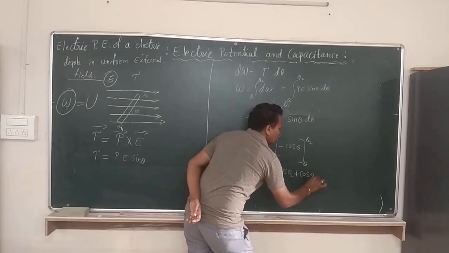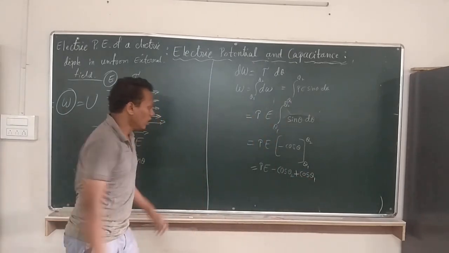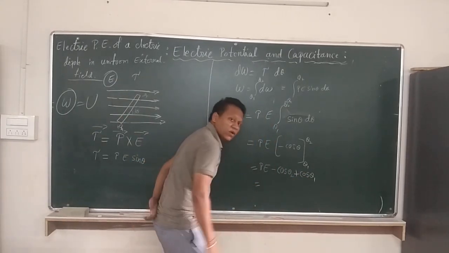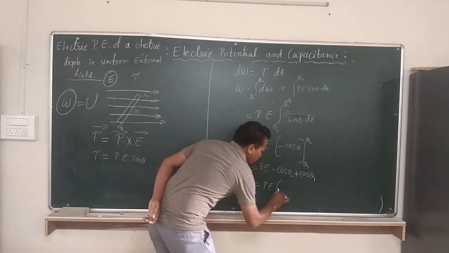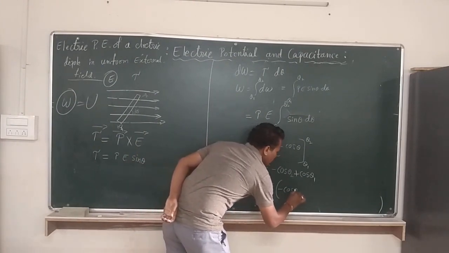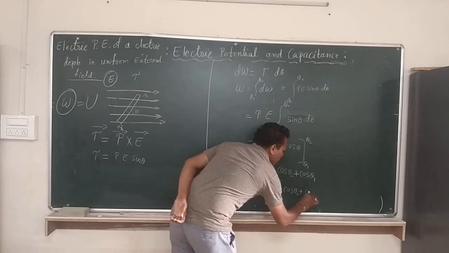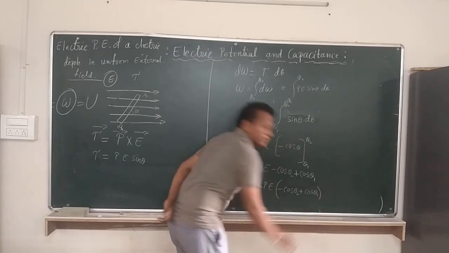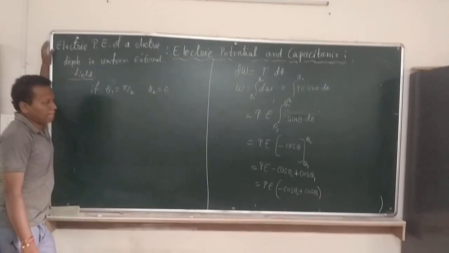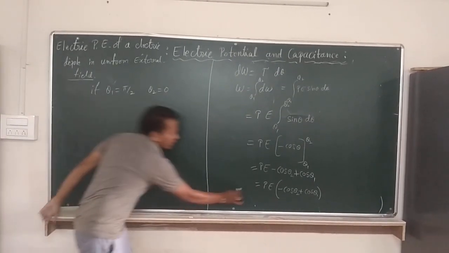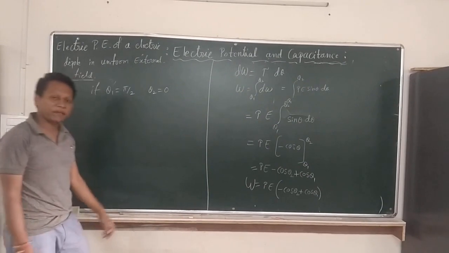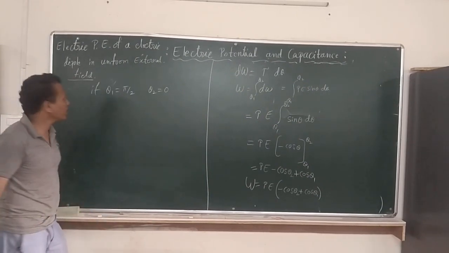So PE bracket minus cos theta 2 plus cos theta 1. Now we have the formula: W is equal to PE into bracket minus cos theta 2 plus cos theta 1.